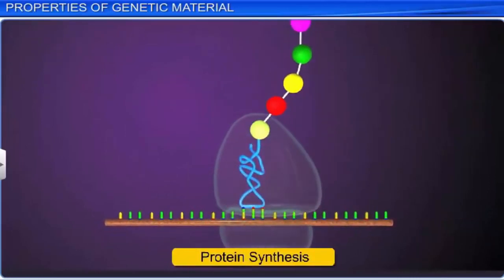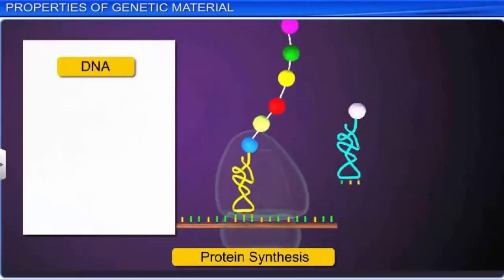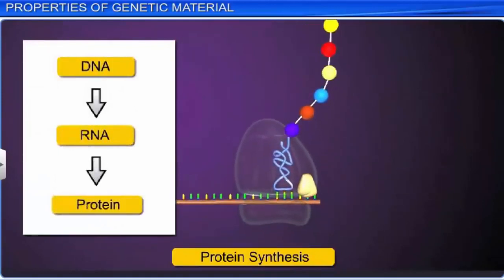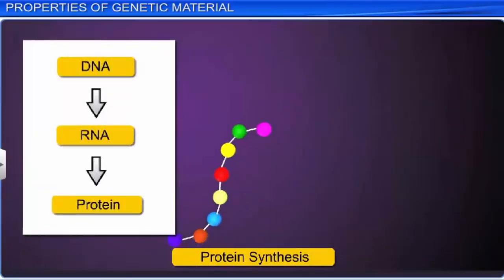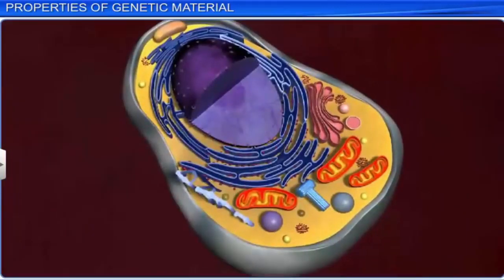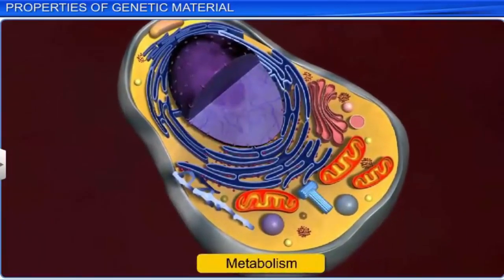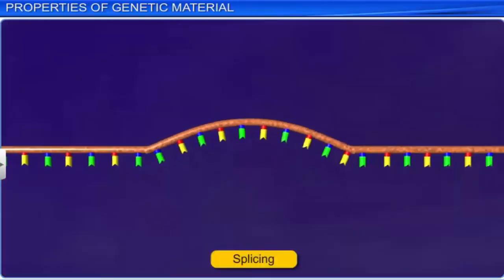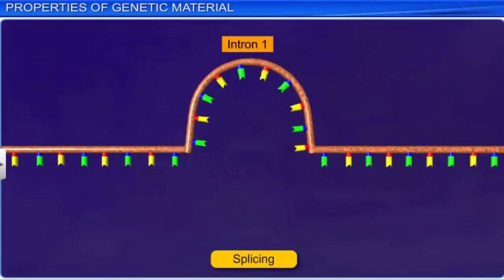In this regard, DNA is dependent on RNA, not only for protein synthesis, but also several essential life processes such as translation and splicing are evolved around RNA.